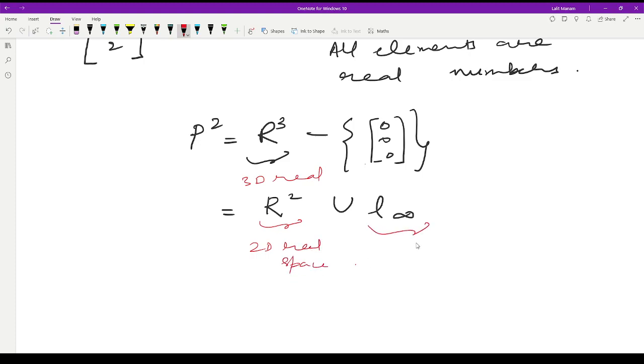And what is this? Can anyone tell? L infinity, some notation used in the lectures. It's the line at infinity.